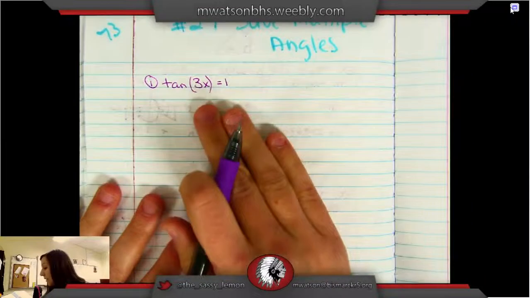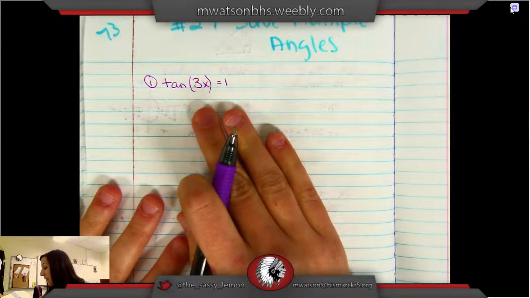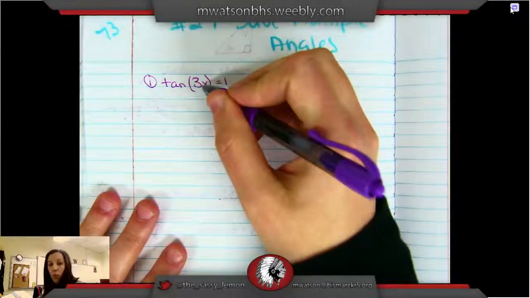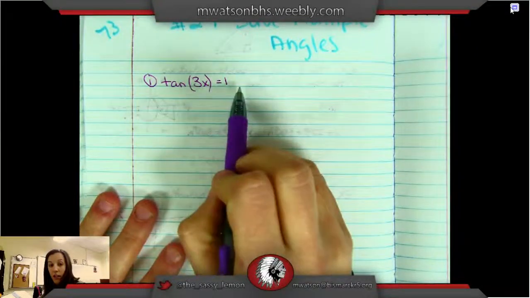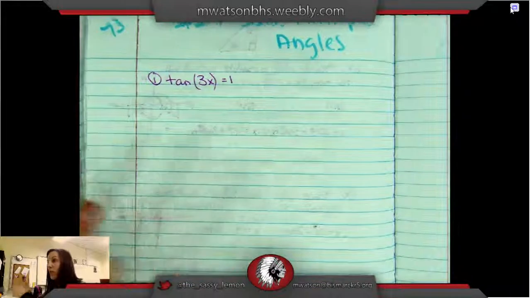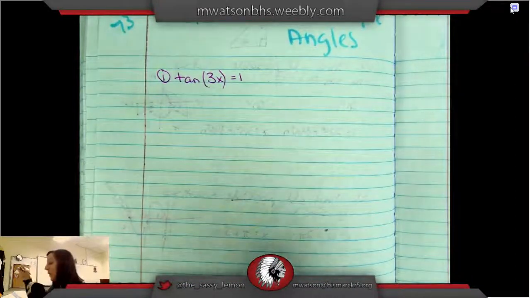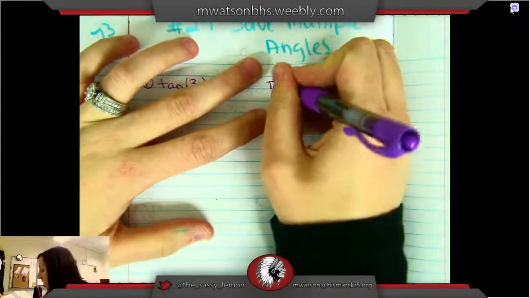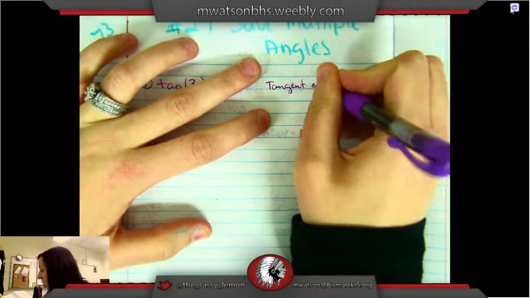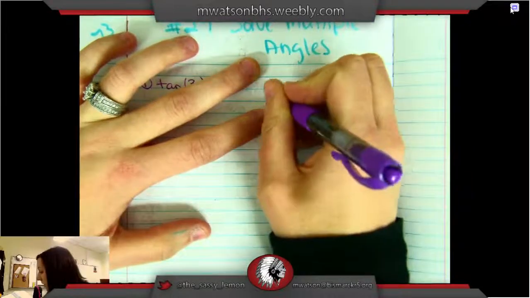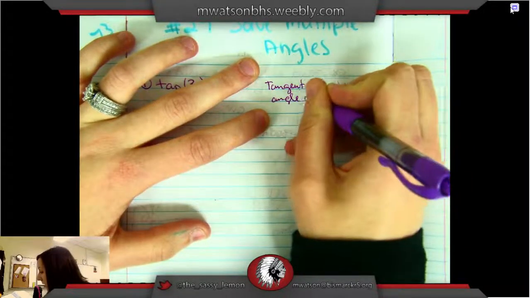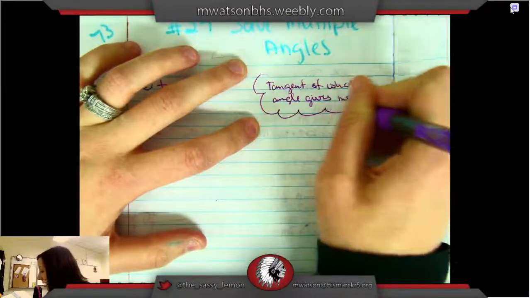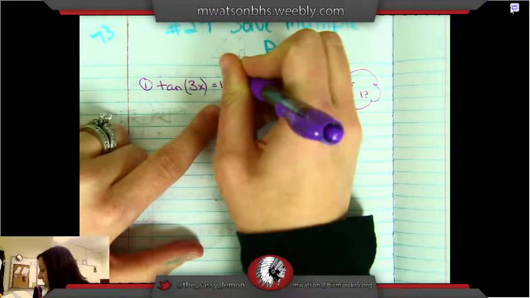So the first thing you want to do is think about, what angle would give me a 1 if I took tangent of that angle? So tangent of what angle gives me 1? Maybe let's write that question over here. So tangent of what angle gives me 1? So that's our little question, our little thought bubble.